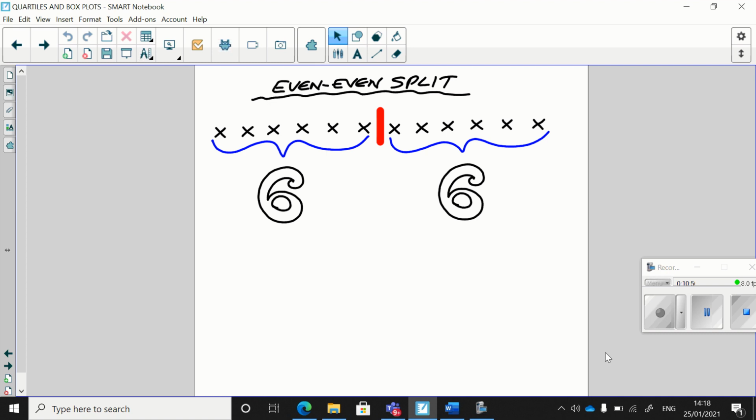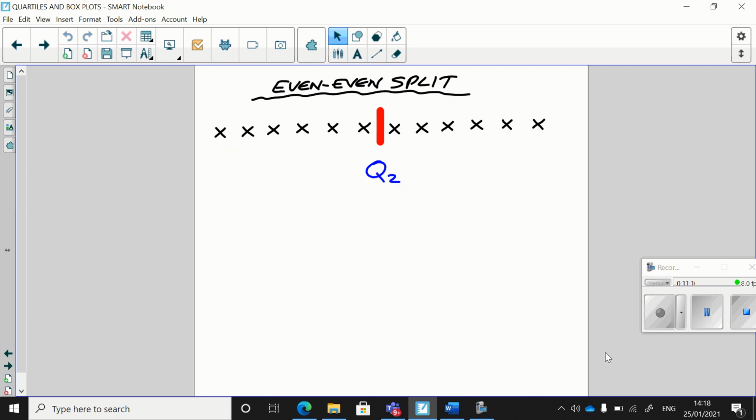But before we do that, we'll get 6 either side. So that's why we're definitely between numbers, because initially it's even. Okay, 6 either side. So we get Q2 in there. That's the median. We would take the average of those two numbers either side of the line.